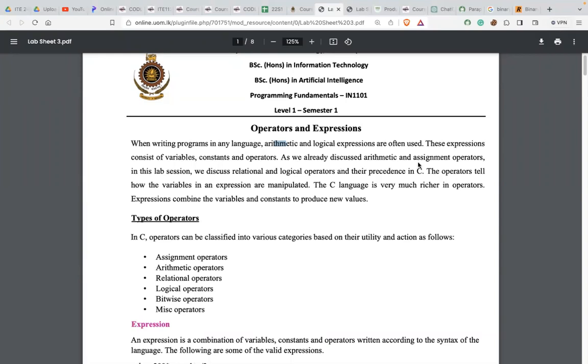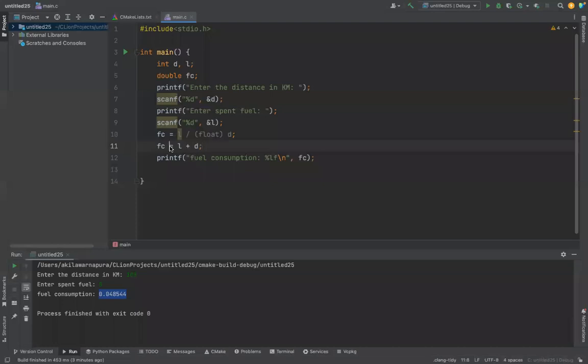As we already discussed, arithmetic and assignment operators: the equal sign is also an operator. It is not an arithmetic operator, it is an assignment operator. In FC equals L plus D, this is the right hand side and this is the left hand side.